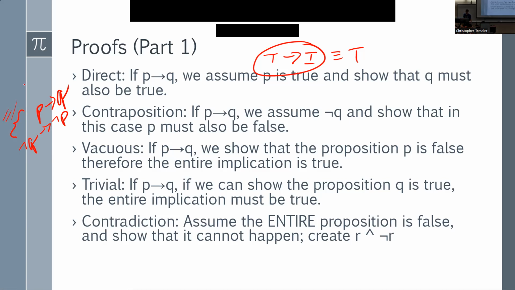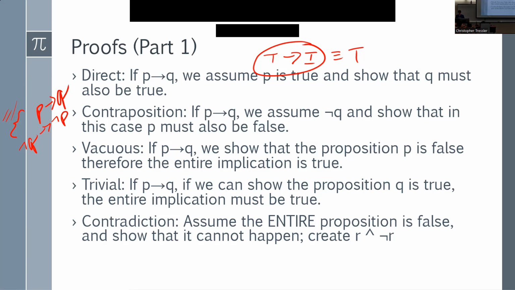So what that means is if we assume Q is false and we can prove that P must also be false, that means we can say that the entire statement is true. So if we assume the negation of Q, aka the negation of the right proposition, and we can prove that the left proposition is also false, then we can say that the entire thing's true.